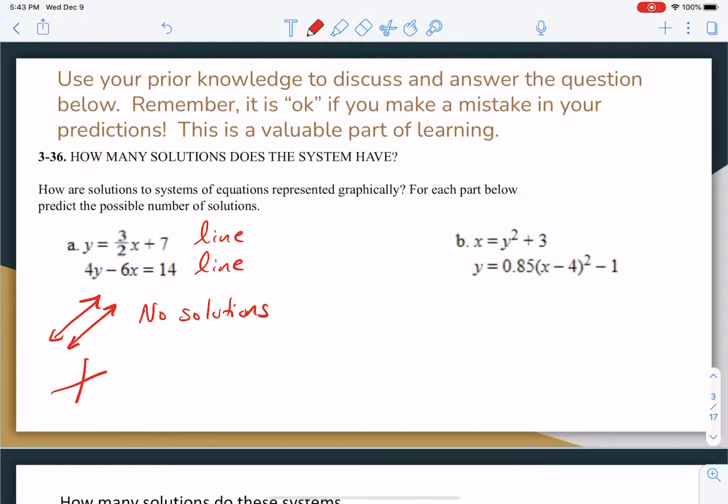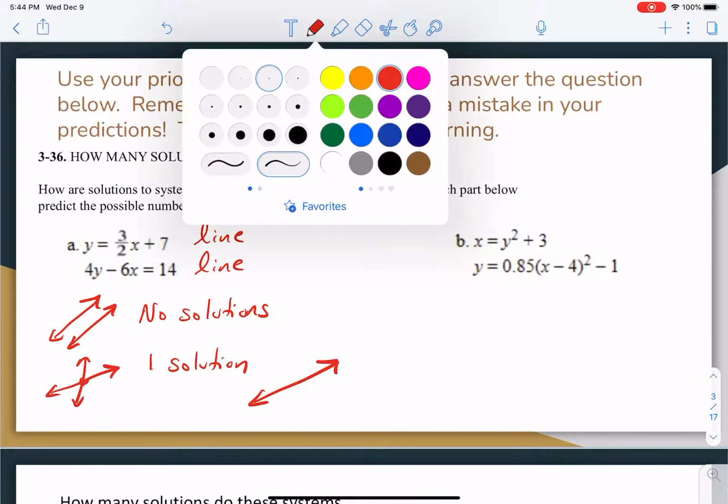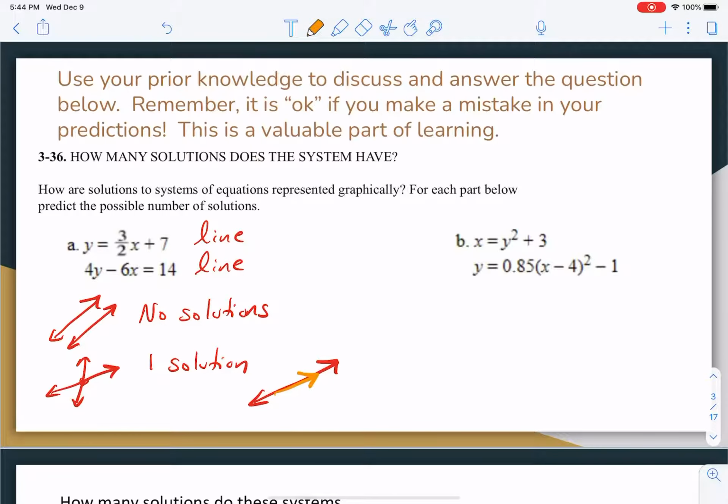Those lines could cross each other in one location. Therefore, there would be one solution. Or those lines could be on top of each other. Which would give me infinite solutions.